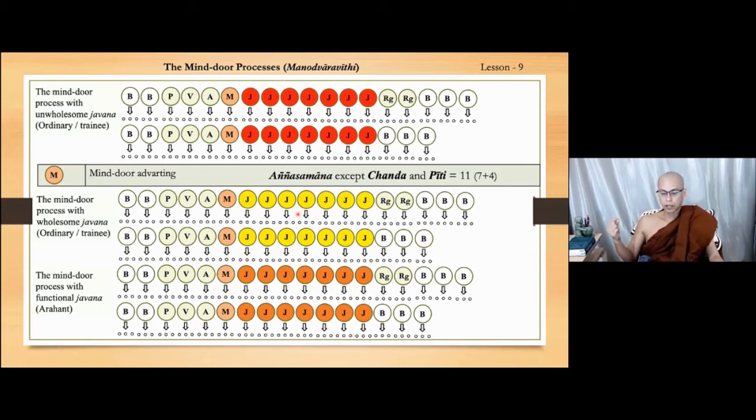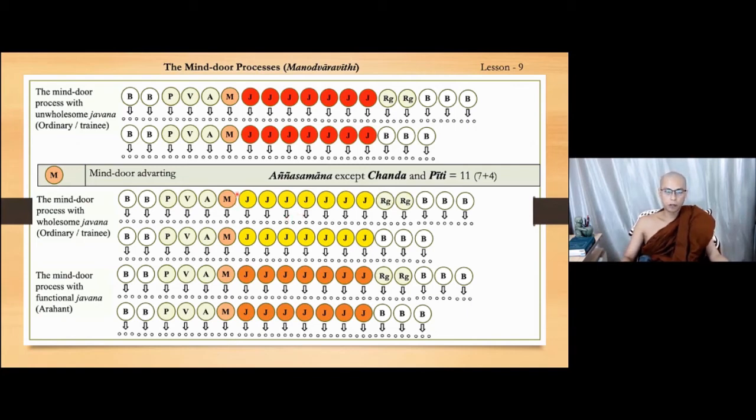But the consciousness itself you cannot identify, because consciousness has the characteristic of knowing the object, and unwholesome, wholesome and functional are all the same in that characteristic. So in order to identify the types of consciousness, you need to learn about the mental factors in their precise moment. Then you can name the consciousness.